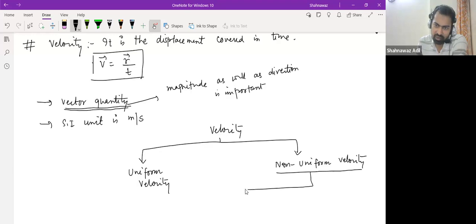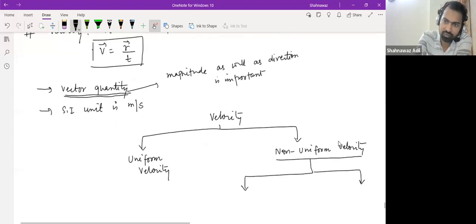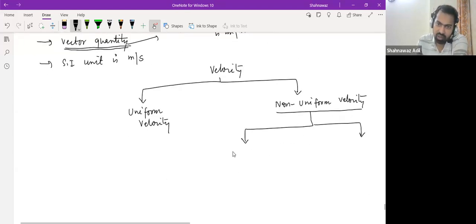And then it also has two parts. One would be average velocity, and the other is instantaneous velocity.